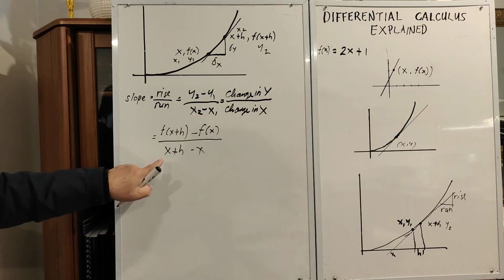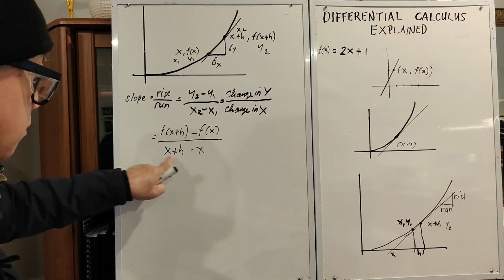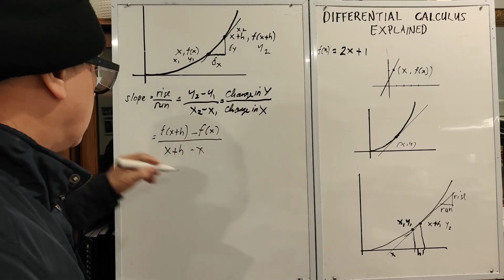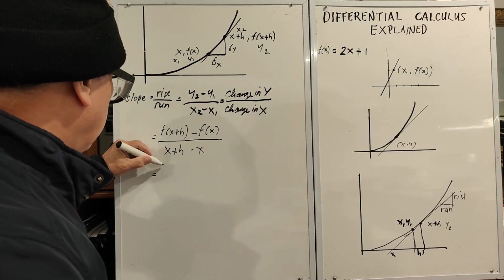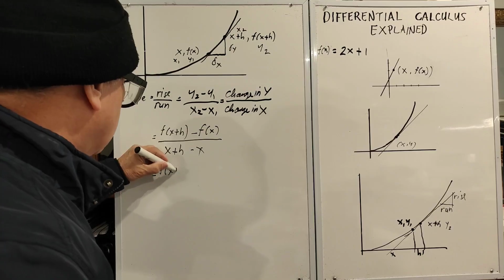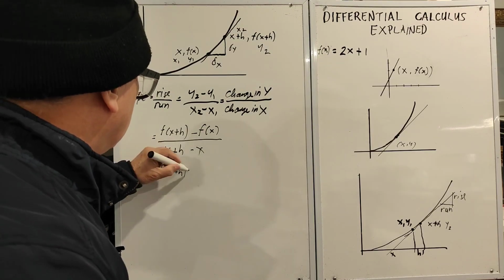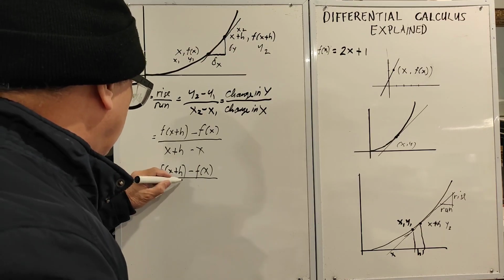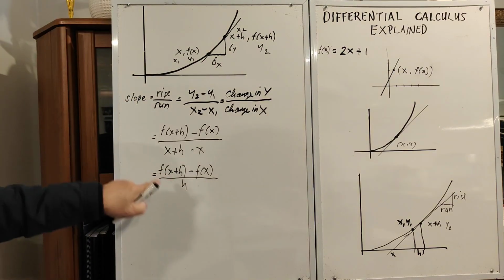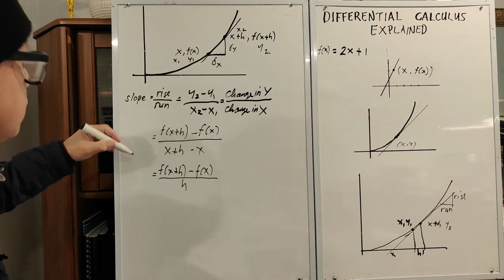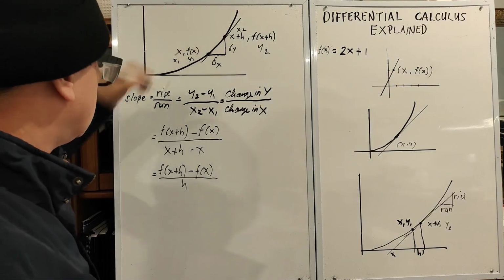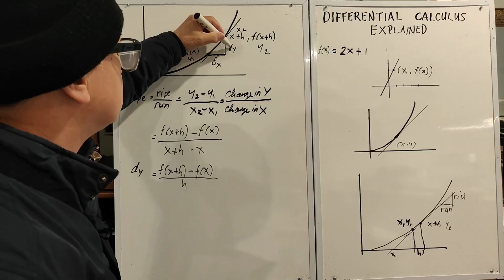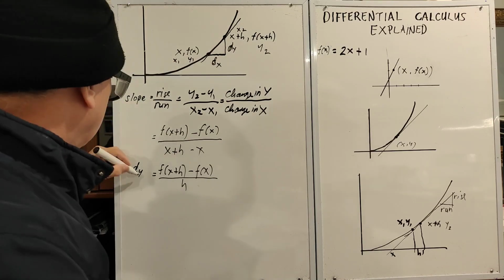Now this one can be subtracted, x minus x is equal to 0. So we can rewrite this now as f of x plus h minus f of x over h. So this is the slope, but since it is very small, let's rewrite this as dy over dx.